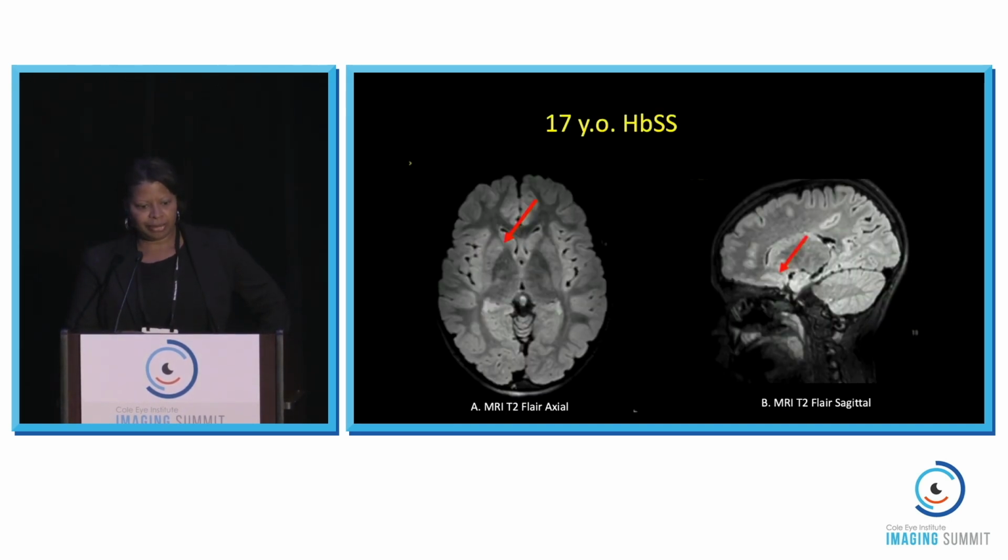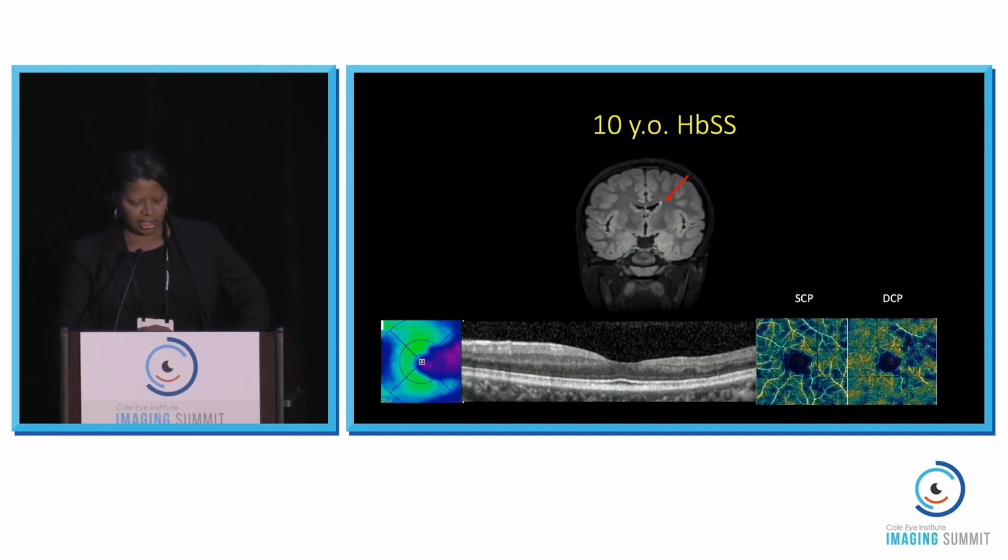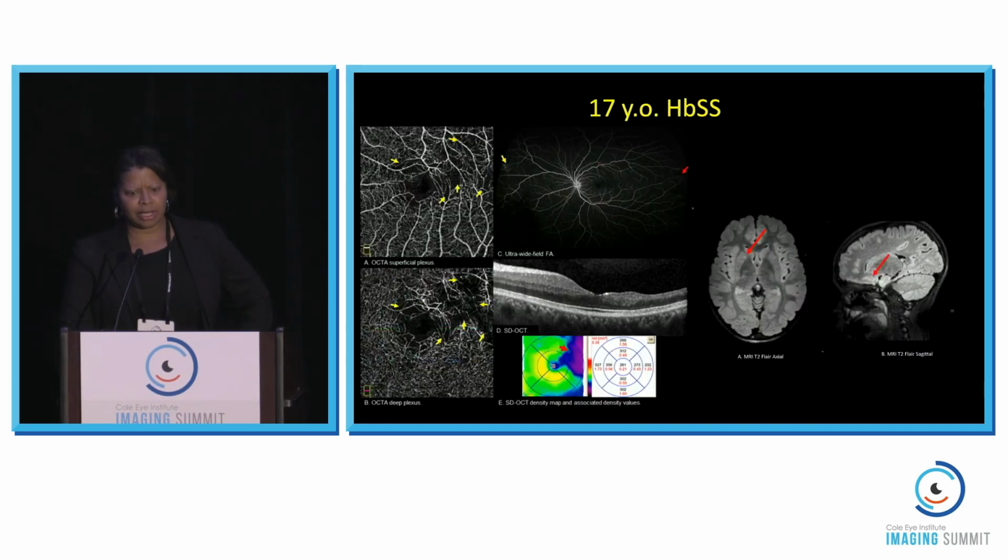Here's an example of some patients from our study. You can have a 17-year-old child with hemoglobin SS. The arrows are pointing to silent cerebral infarcts. I often follow these children with multimodal imaging.